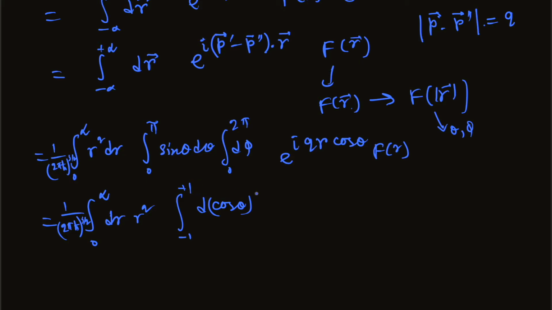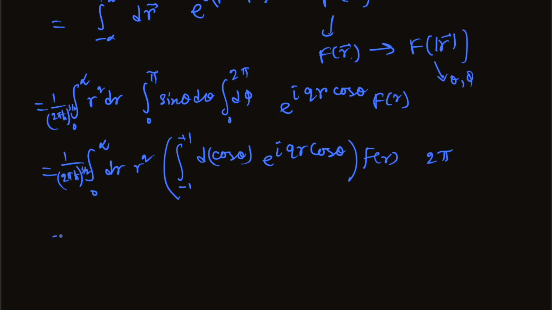So we can change the variable. We do e to the power i q r cos theta f(r), and d phi will give 2 pi, so that means 2 pi by (2 pi h cut) to the power 3 by 2, the integral from 0 to infinity dr r square f(r). What will it give?